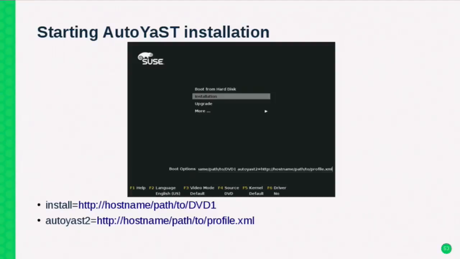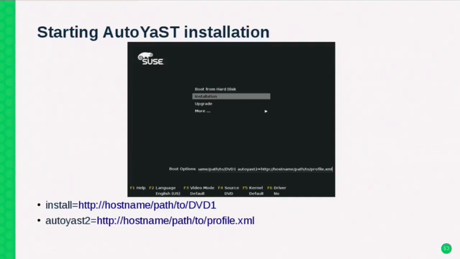Yes? What does that mean if you use the AutoYaST? Because sometimes when you originally used the AutoYaST and you had your networking, it seemed like you had to do it double almost, or during the installation. Well, the problem is that you need network in order to fetch the AutoYaST profile if it's on the network.